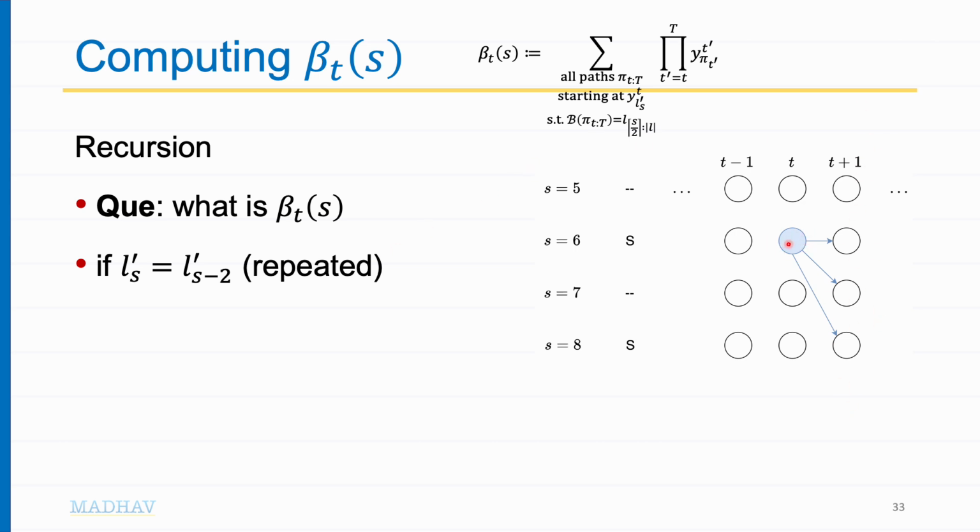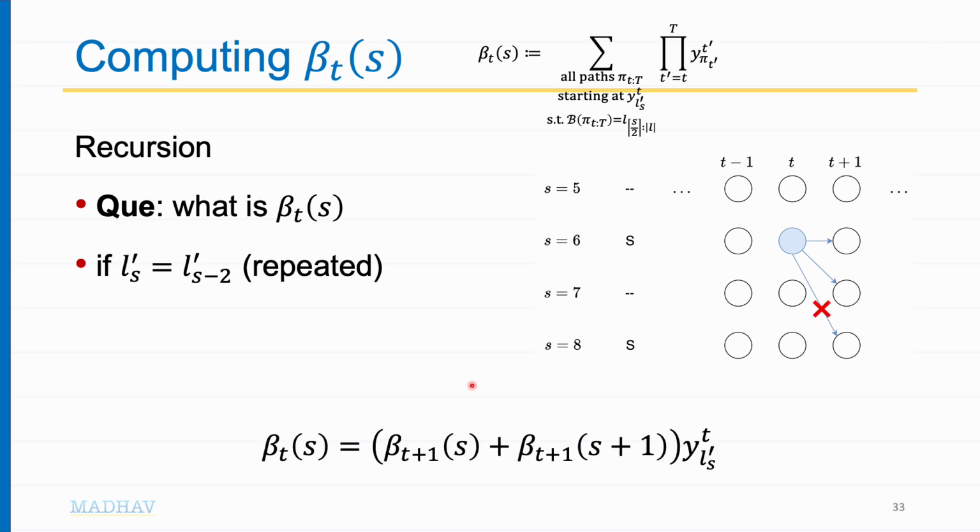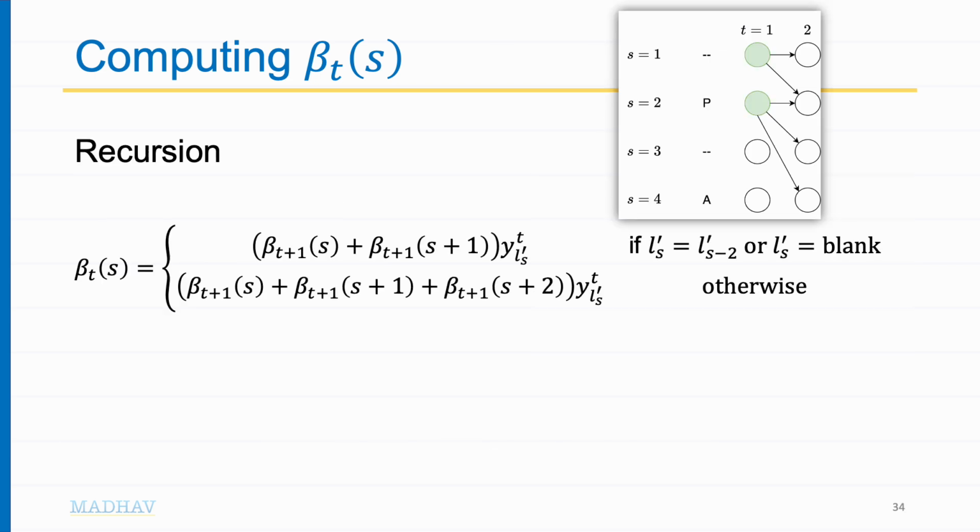What is the beta at T here, let's say at this node? Ignore this jump. You can't jump from S to S without a blank. So this is ignored, and your beta is then the sum over two paths only. Yeah, and then you can make a general beta. Your beta is basically the sum over two paths if it is the same repeated character or a blank, and the sum over three paths otherwise.